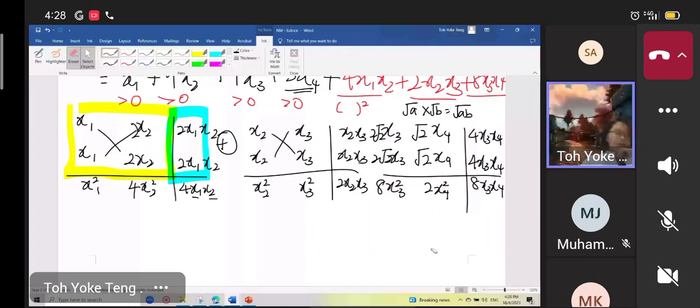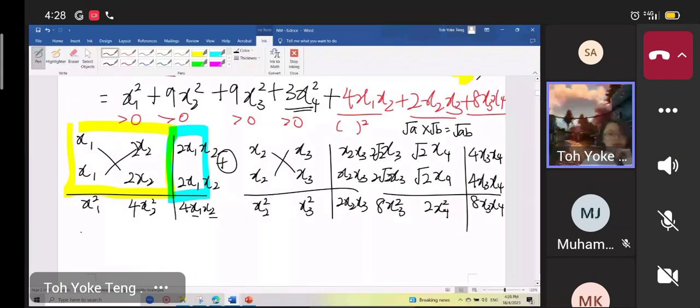Okay, once you get this one, just repeat the same thing that refers to here. x1 plus 2x2 squared equals x1 squared plus 4x2 squared plus 4x1 x2.